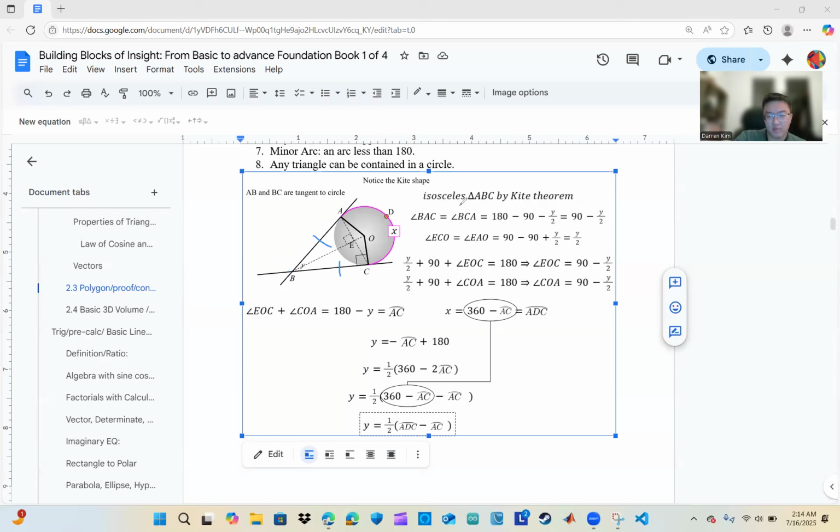Anyways, and how do you figure out isosceles? Well, you can actually do a proof, but I'm not gonna. But basically, this is 90. This is 90. This is gonna be the same angle because we have chosen tangent. And then you can figure out that this is a bisector, and then you can figure out a lot of things.